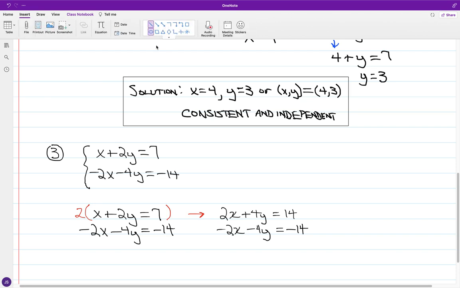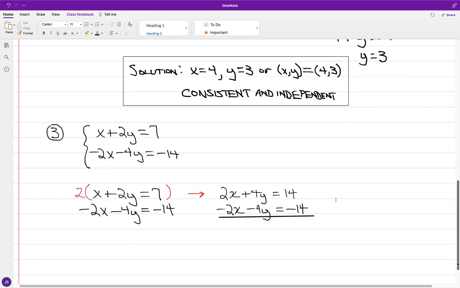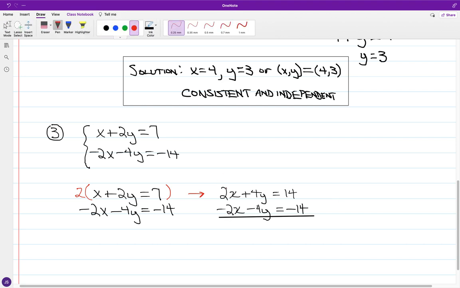Now the goal initially was to get the x terms out, but it just so happens that by doubling the equation I end up with additive inverses for both x and y. This is still going to work out. The x terms and the y terms cancel, and guess what, the constants on the right, 14 and negative 14, also cancel.